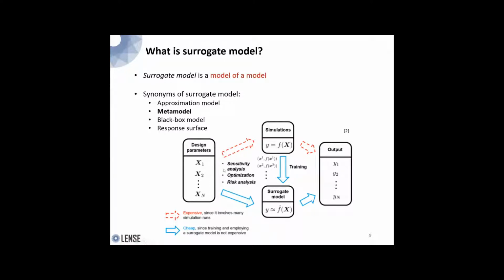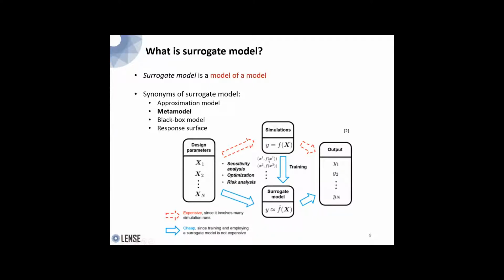So what you do is you essentially have design parameters here, and you simulate your rigorous model to generate data, right? So you have certain inputs that you're trying to optimize over, and then you have outputs that you're interested in.